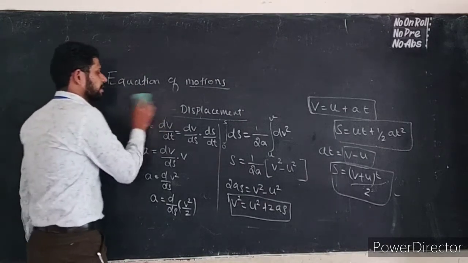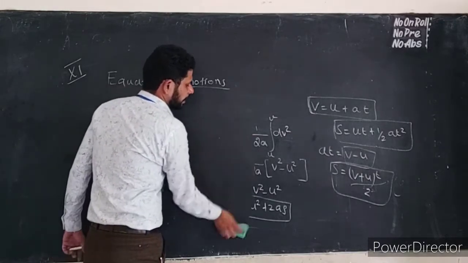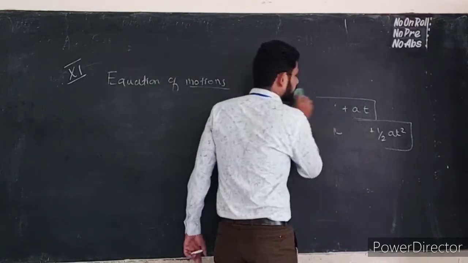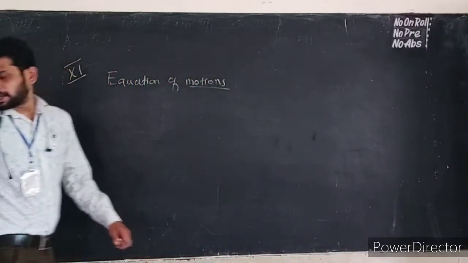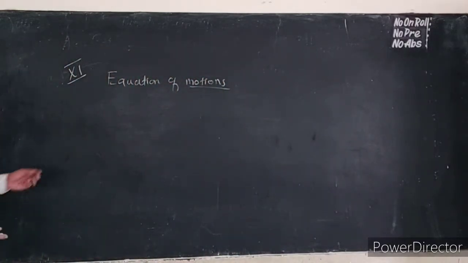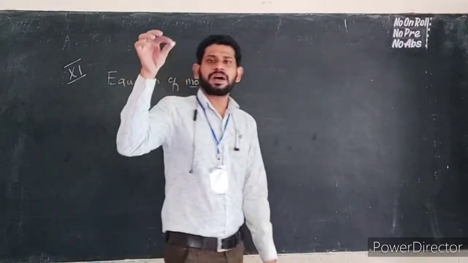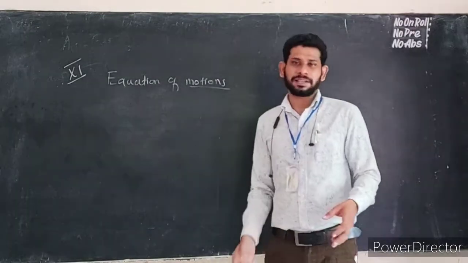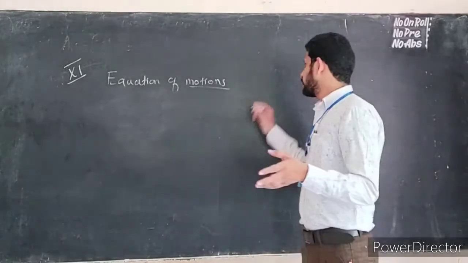Why are we using these equations? When you are throwing something under gravity, we can come to a conclusion about the speed, the displacement, and the velocity of the particle using these. See, when I am dropping this chalk piece here, it goes down under gravity.